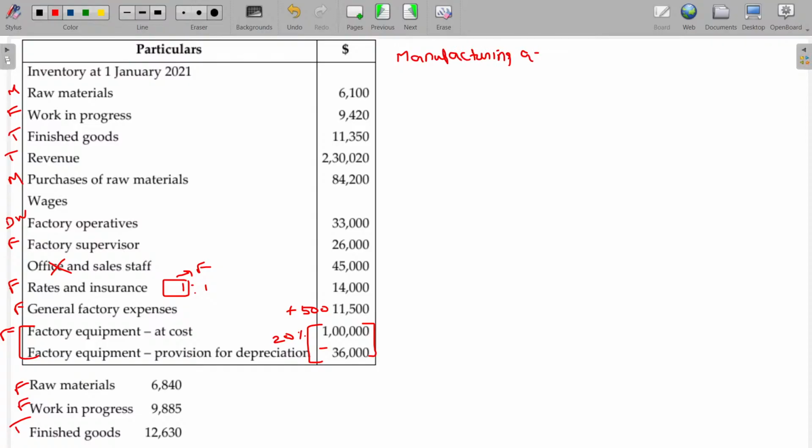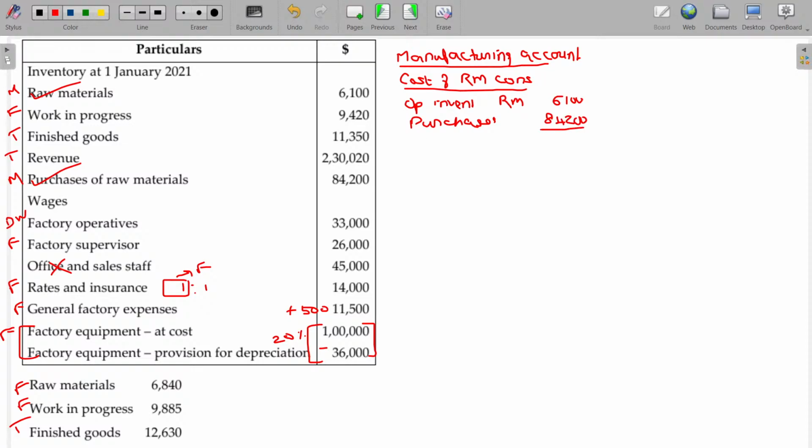Under manufacturing account, we will start with cost of raw material consumed. Opening inventory of raw material. Okay. 6100. Add purchases of raw material, 84,200.